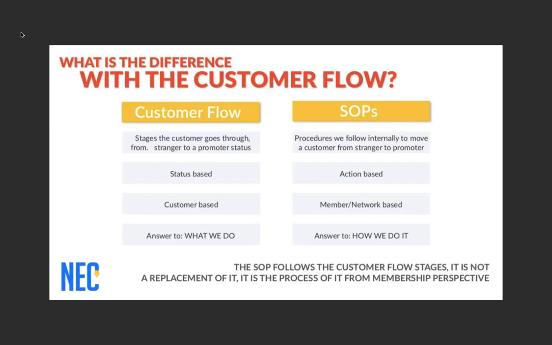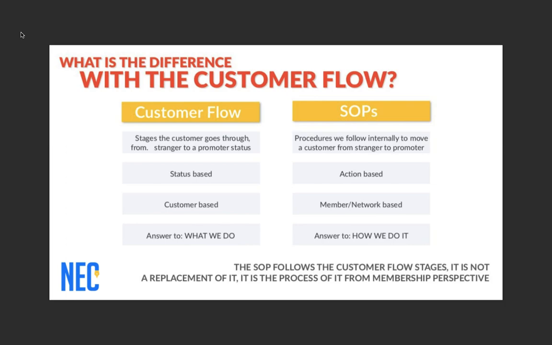But the question that I hear the most is: what is the difference between the customer flow and SOPs? Customer flow is the stages the customer goes through from stranger to promoter status, and the SOPs are the procedures we follow internally to move a customer from stranger to promoter.